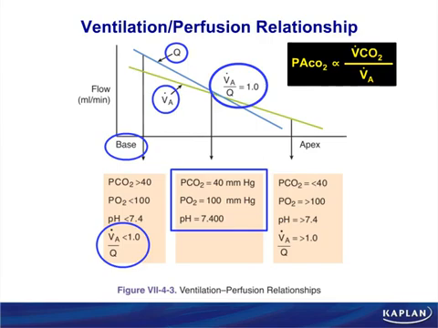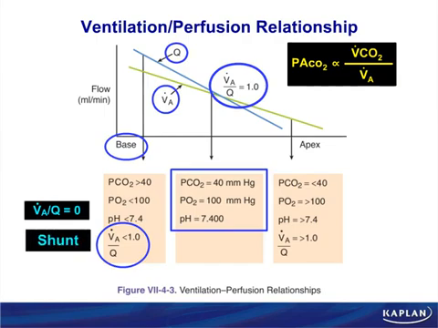That's exactly what a right to left shunt is. It's blood going through the lung that is not exchanging gas. And it's not going to exchange gas if I don't have any alveolar ventilation. So that's venous blood. High in carbon dioxide, low in oxygen. So as VQ falls, CO2 goes up, oxygen falls, to the extreme, which is a shunt.